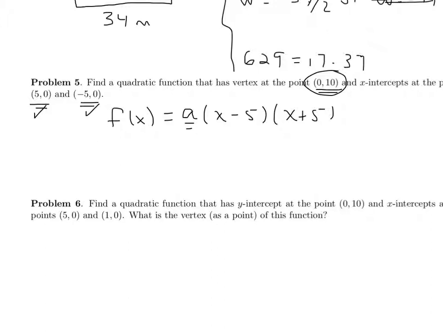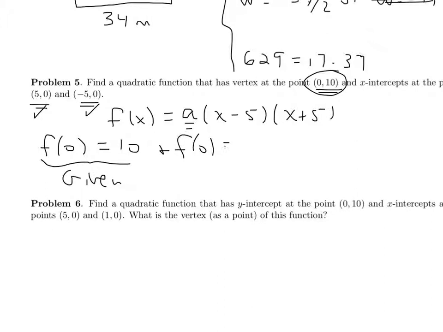So to do that, I just compare the two things. I can say f of 0 is supposed to be 10, right? So this is given to me. And I also know that f of 0 is a times negative 5 times positive 5 from the formula above. That's just putting 0 in for x in this formula.